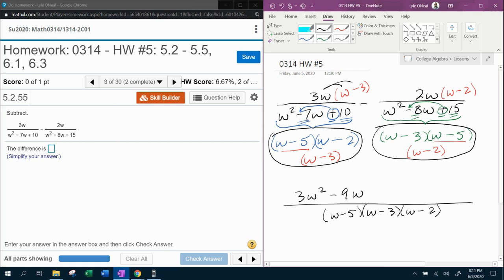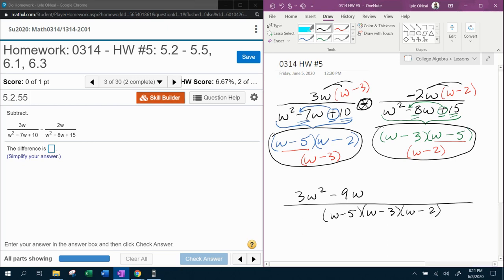And then we have to be careful because this time we have subtraction. And so the way that I like to handle this is I'm going to take this minus and directly attach it to the 2W when I distribute. That's going to help me remember to change the signs, okay?